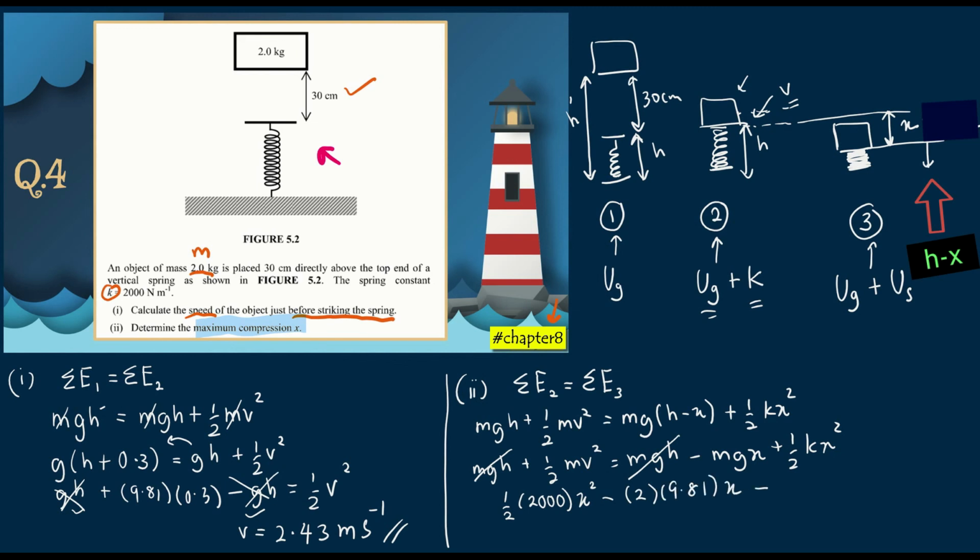Then as we bring half mv squared to one side, it's minus half times 2 times v, which is 2.43, squared, equal to 0. You realize that our equation is now a quadratic equation. Press your calculator, then you can have x equal to, your answer supposed to be 8.7 times 10 to the minus 2 meter.